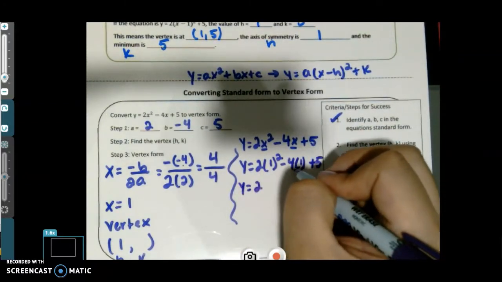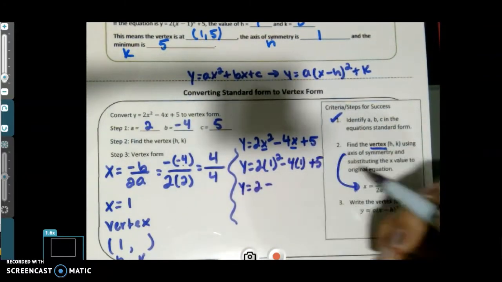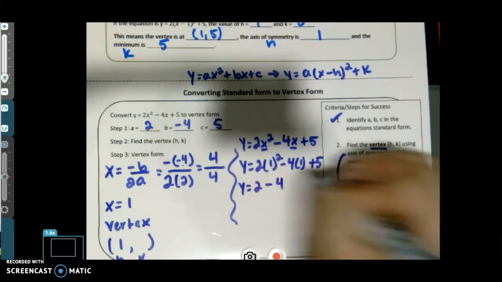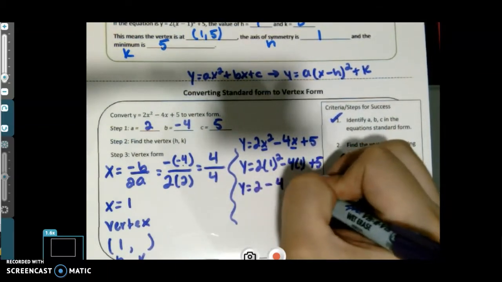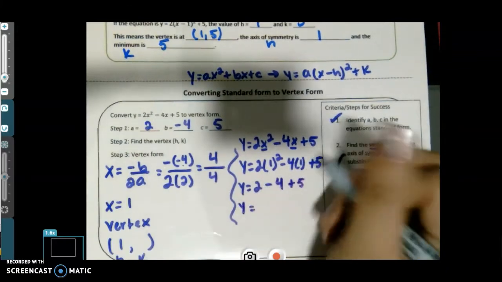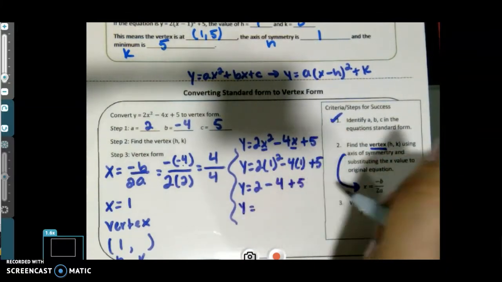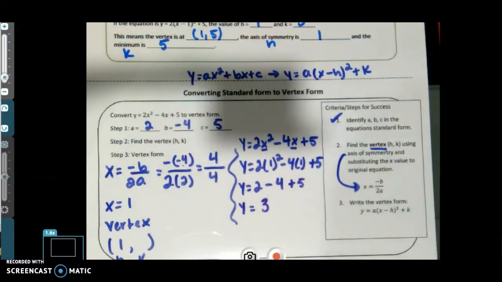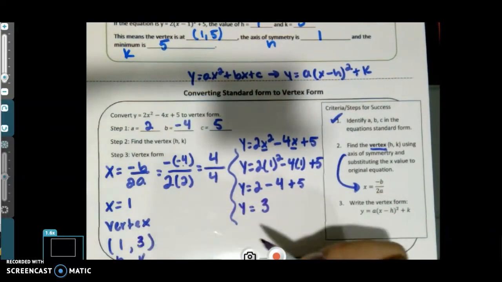Then this is subtracting, minus, it's like a negative. 4 times 1 is 4 plus 5. So now we solve. 2 minus 4 is -2. Then -2 plus 5 should give me a +3. So my y value, meaning it's my k value, is +3.